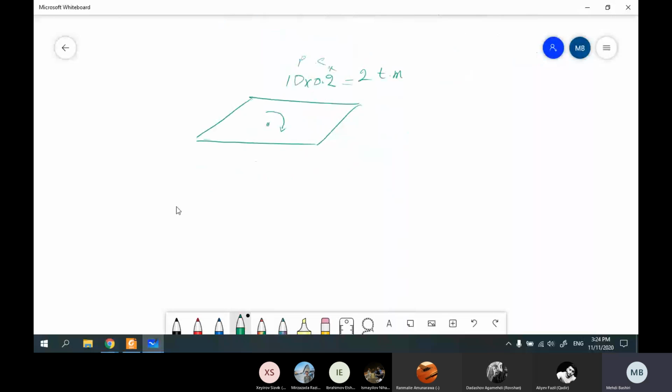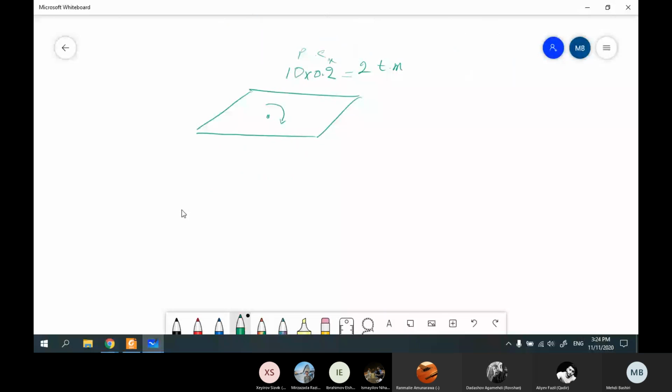Here we have this type of distribution, and this is the distribution in this case. Sigma T, because at this part we have tension, and this part we have compression.